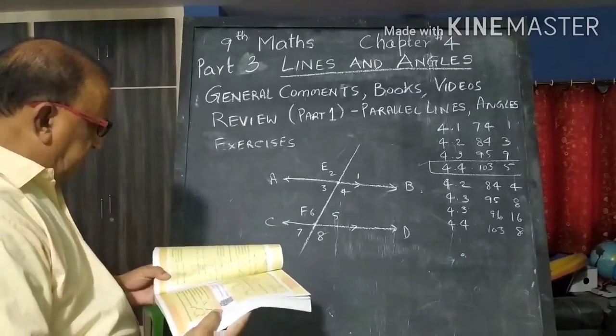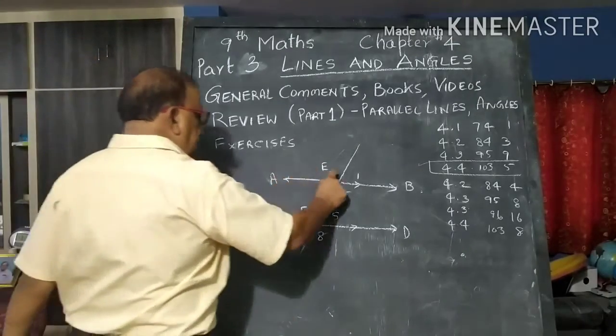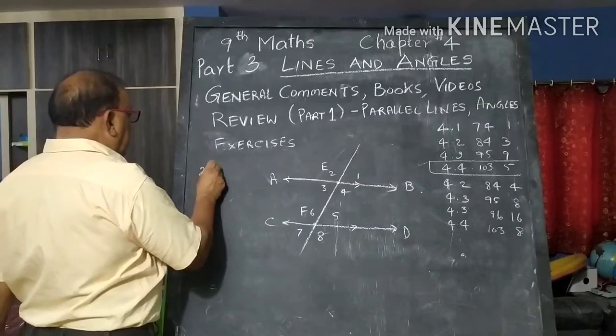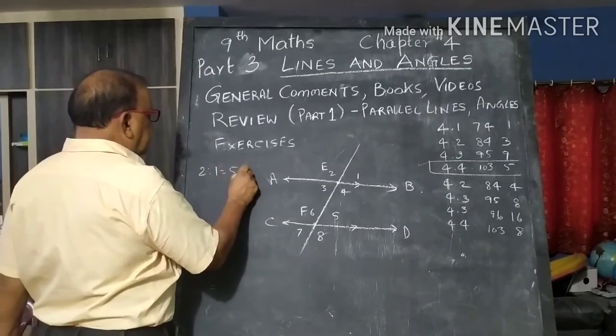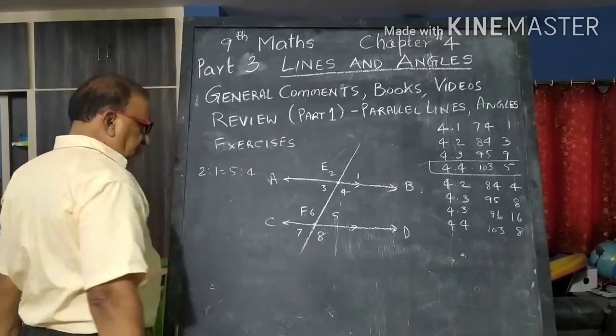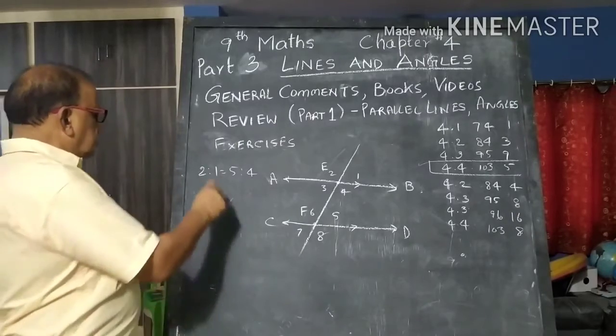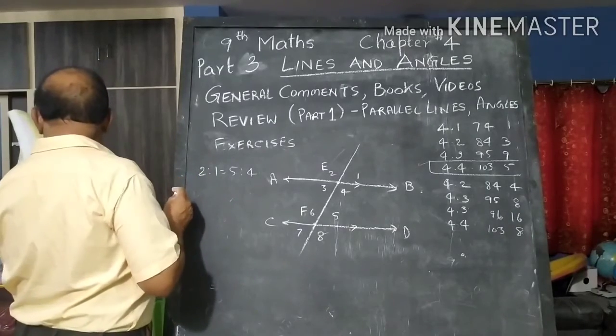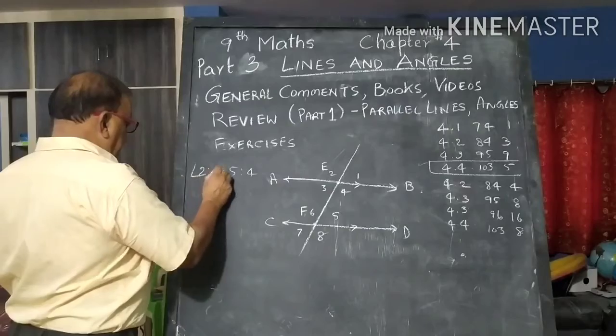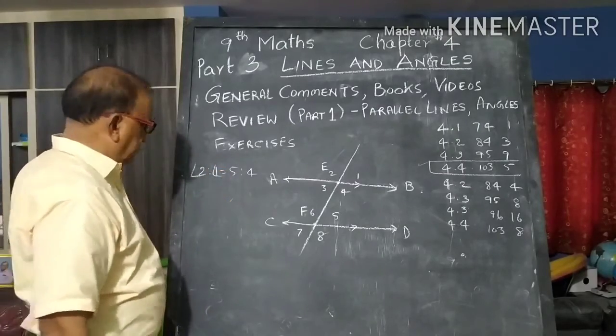If angle 2 is to angle 1 is equal to 5 is to 4.